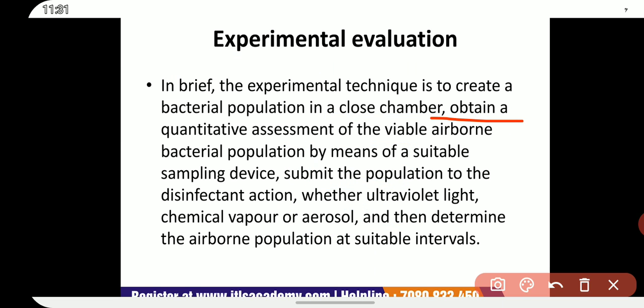Obtain a quantitative assessment of the viable airborne bacterial population by means of a suitable sampling device.